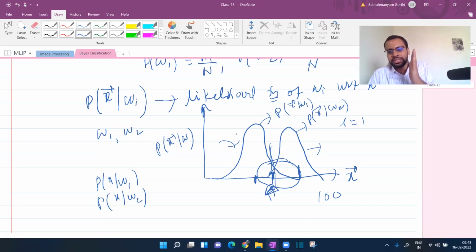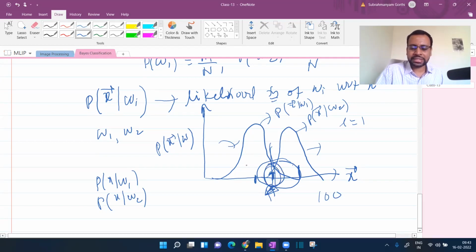When you have to deal with it probabilistically, you may be okay with committing this 10% error and giving it to class 1. But in the training data, you would realize that there are indeed 10 out of 100 samples which have this particular intensity but still belong to omega 2.